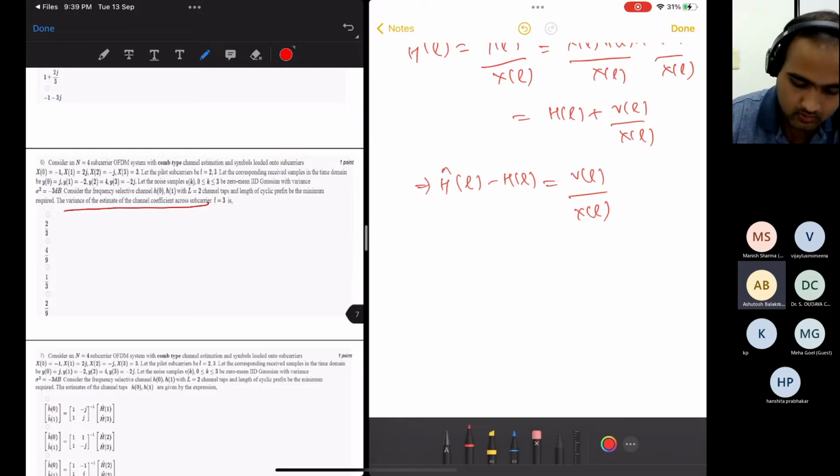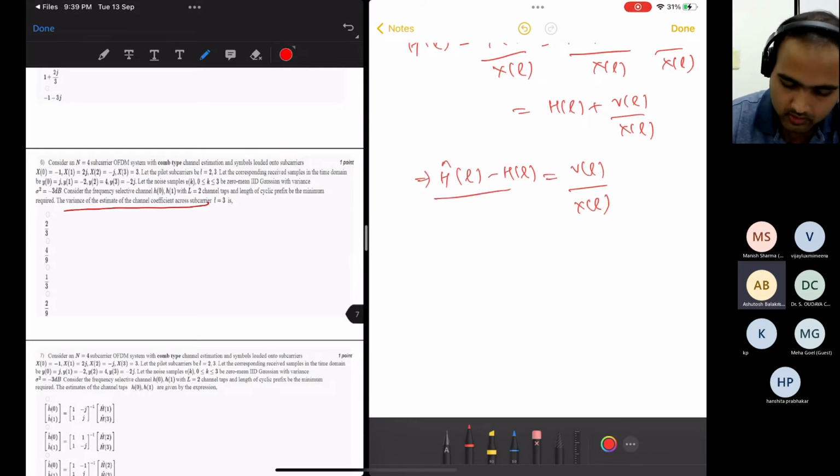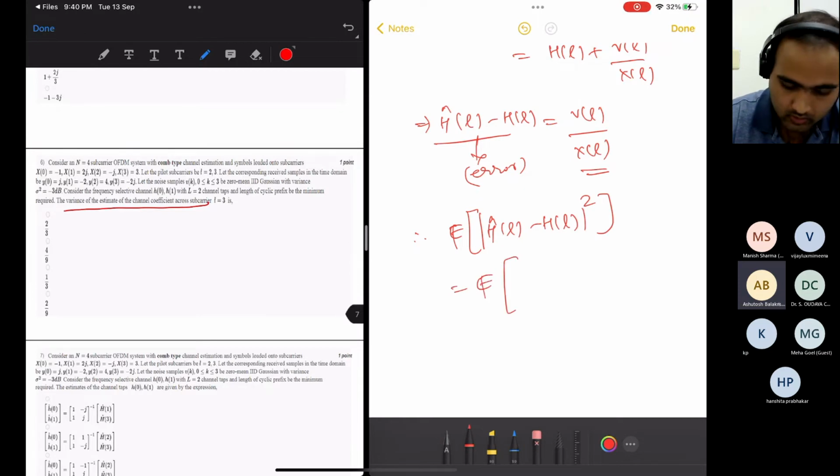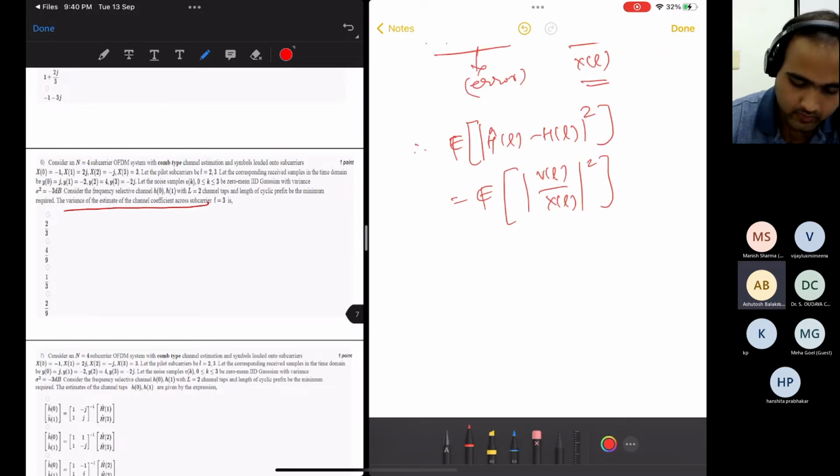If anyone has any question, you can intervene. So if you see, this is my error, and therefore the expectation of h hat L minus h of L squared will be the expectation of v of L over x of L squared.